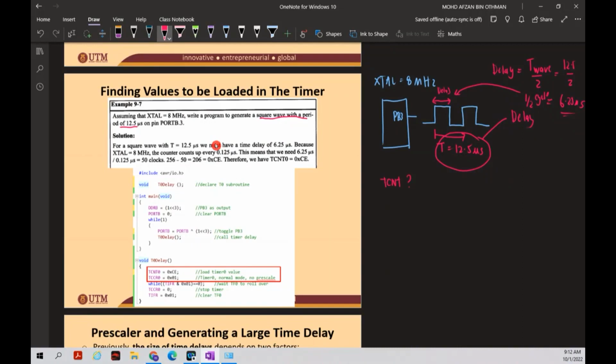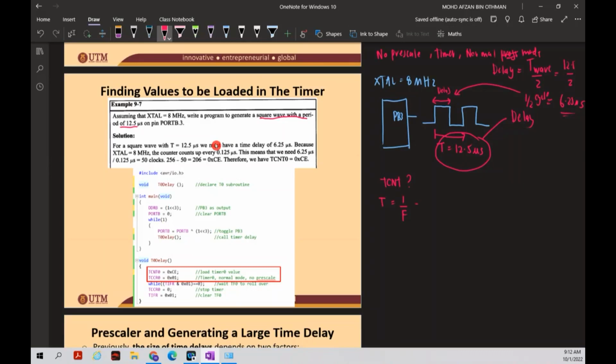Let's go first by using the first equation, T equals 1 over F. Since this question does not state what the prescale is, we assume that the prescale is 1, which means no prescale is used. So, no prescale, Timer 0, and this one is going to use normal mode, because we are in normal mode programming.